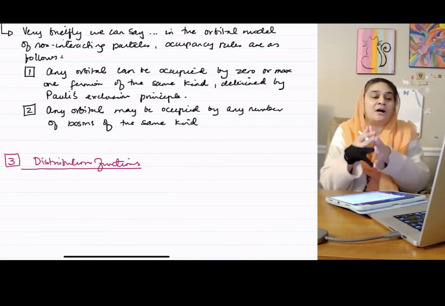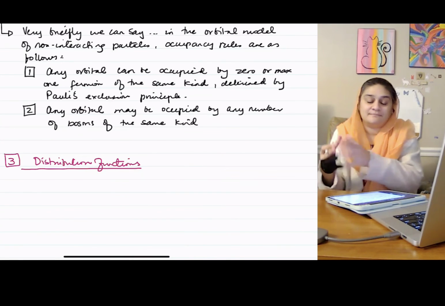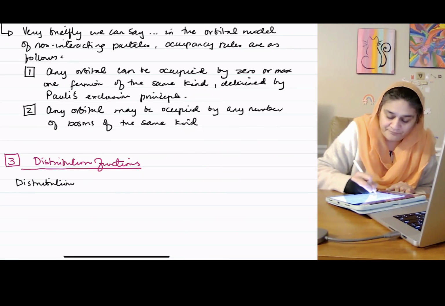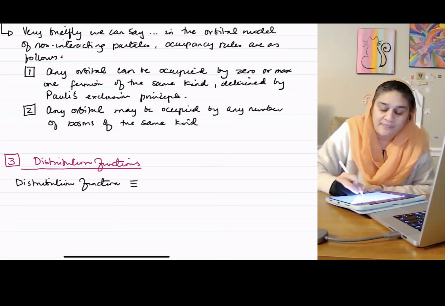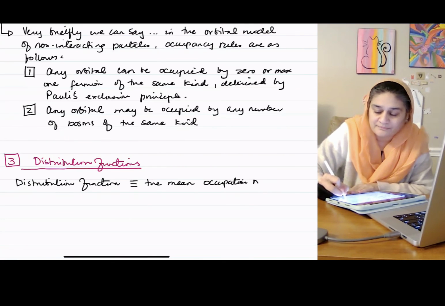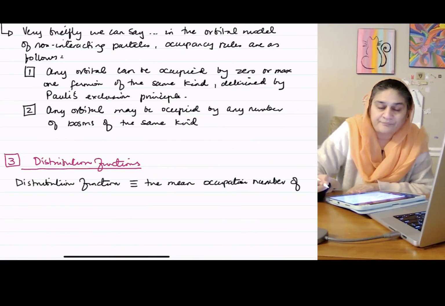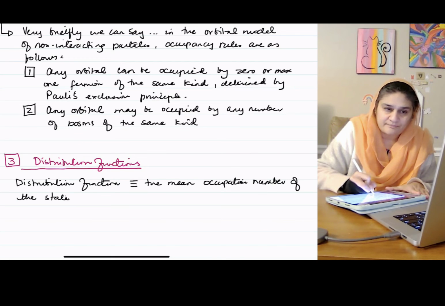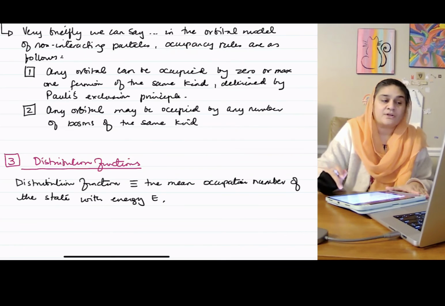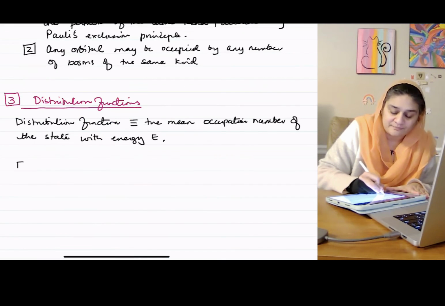It is a mean occupation number of the state with energy E. A distribution function is defined as the mean occupation number of the state with energy E.